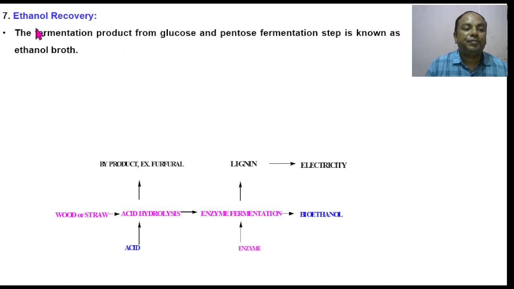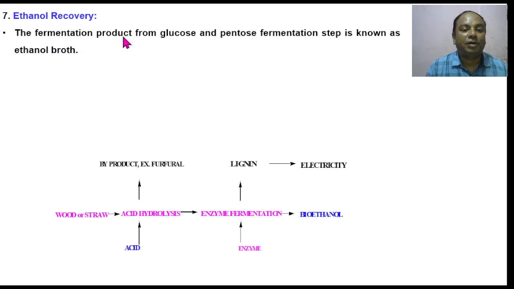After the production of ethanol, this ethanol may be present as a dilute liquid, because the concentration of ethanol is very less, as most of the water is present in a larger quantity, and therefore we call this an ethanol broth, along with bacteria and enzymes that may be present along with the water.